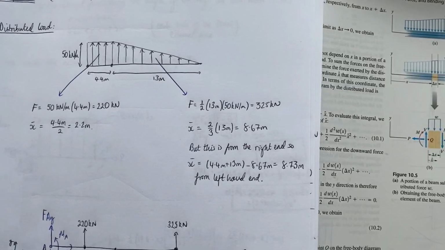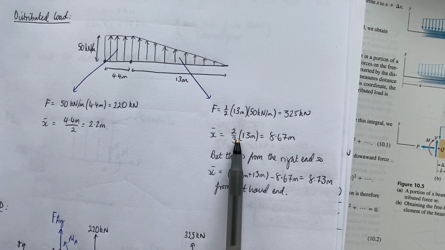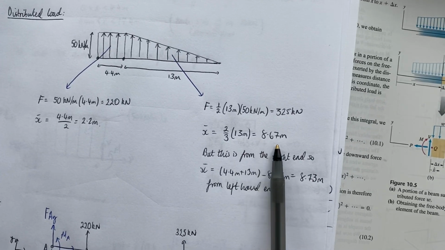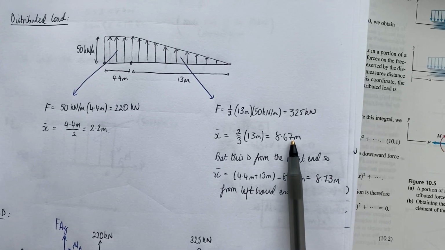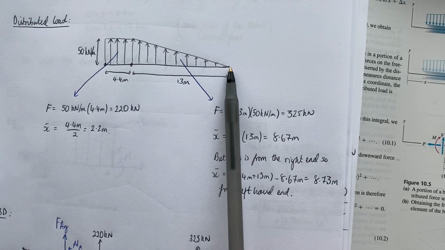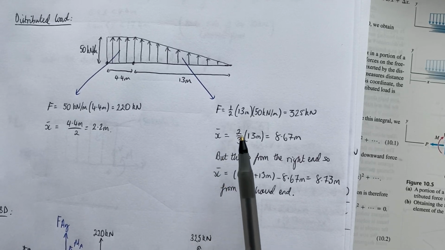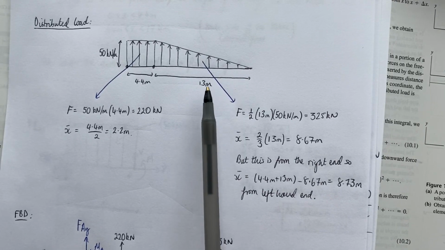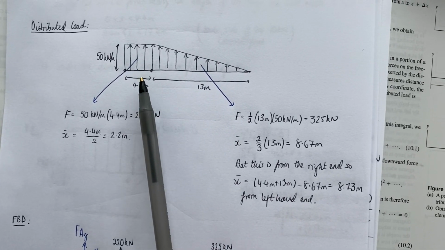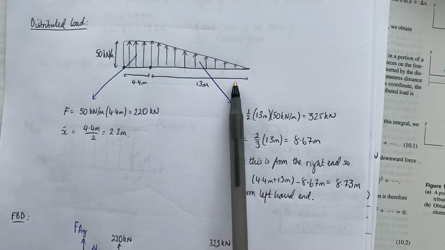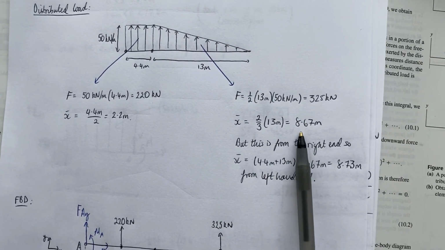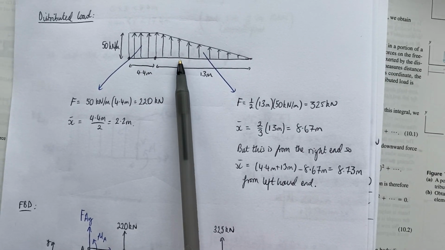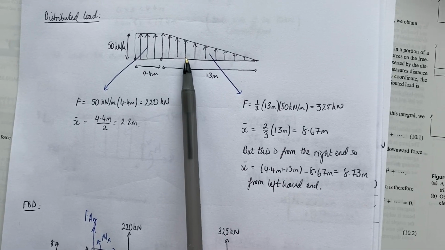So 2/3 of 13 gives us 8.67 meters, but that's the result from the right hand end. So we just need to flip it around and say that the x-bar coordinate of the triangle, if we take the mirror image basically, is 17.4 meters, which is the total length of this, subtract this value that we've just found and we find 8.73 meters from the wing root to the x-coordinate of the centroid, so it's around here somewhere.